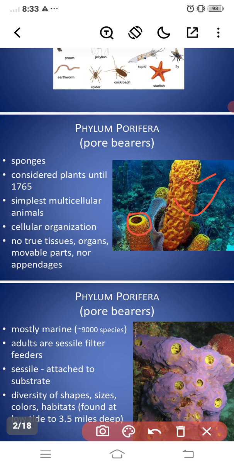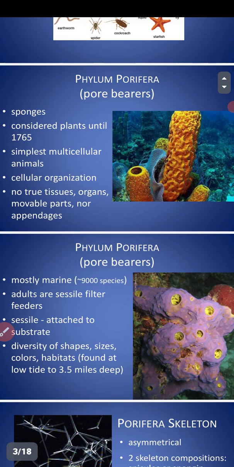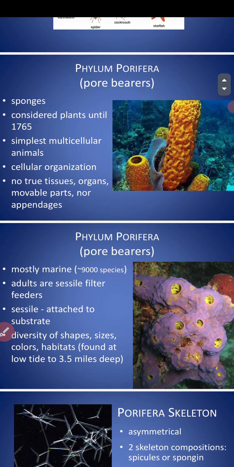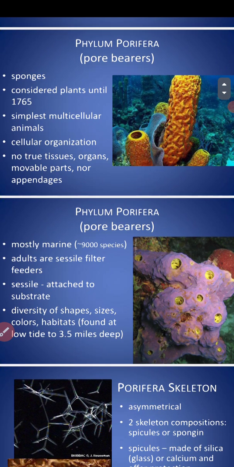So actually, sponges were considered plants until approximately 1765. It is the simplest multicellular animal, the most primitive animal, which arises from the formation of protists.